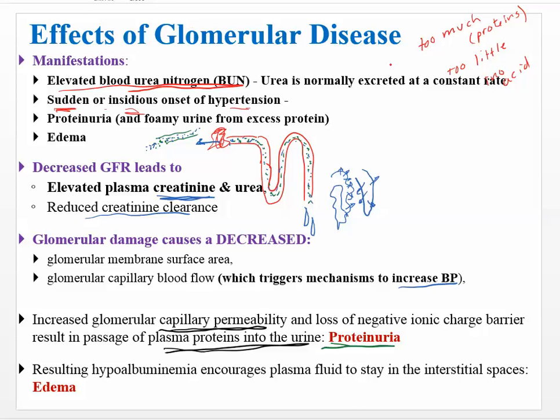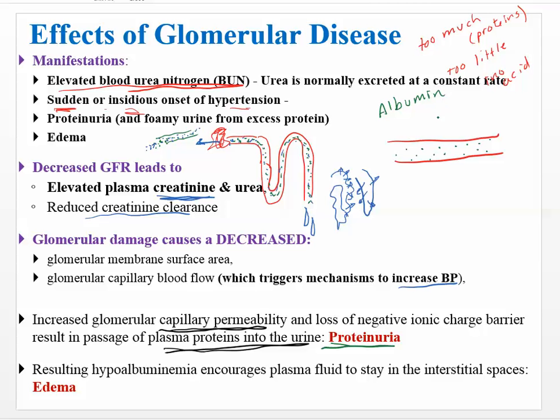But let's say the kidneys aren't working, and you're losing blood or losing protein through your urine. Well, what does that do in your blood? If your blood is used to having this much protein in it, and the main protein we're talking about is albumin.